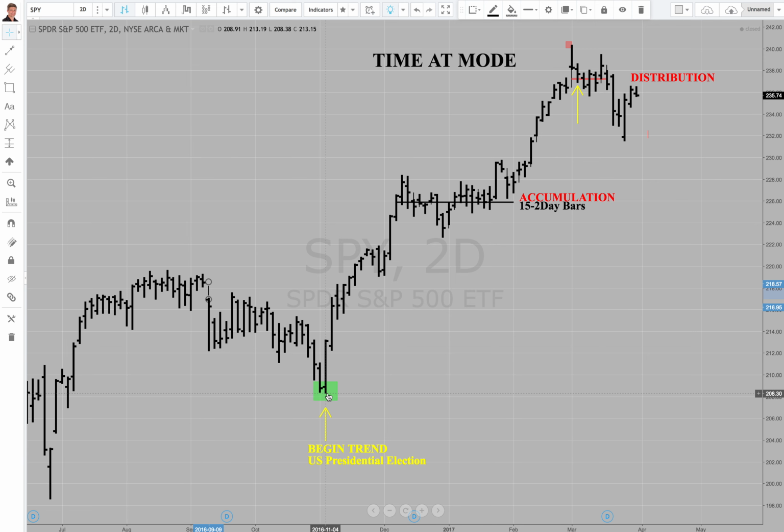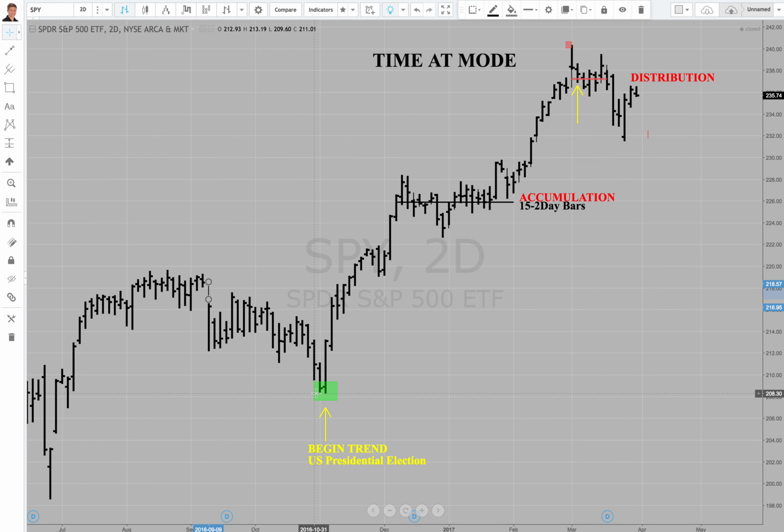In this chart, the U.S. presidential election was a very large 5% down move, which isn't shown here, but happened in overnight markets. This low from the 4th of November, and these are 2-day bar charts, 2 days per bar, is where we begin the analysis.